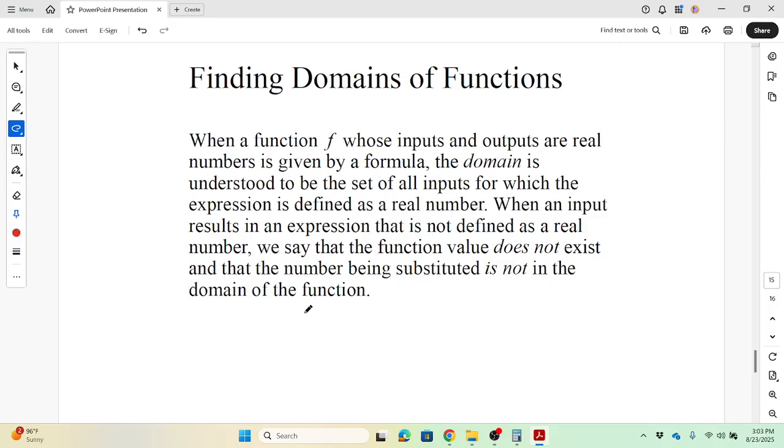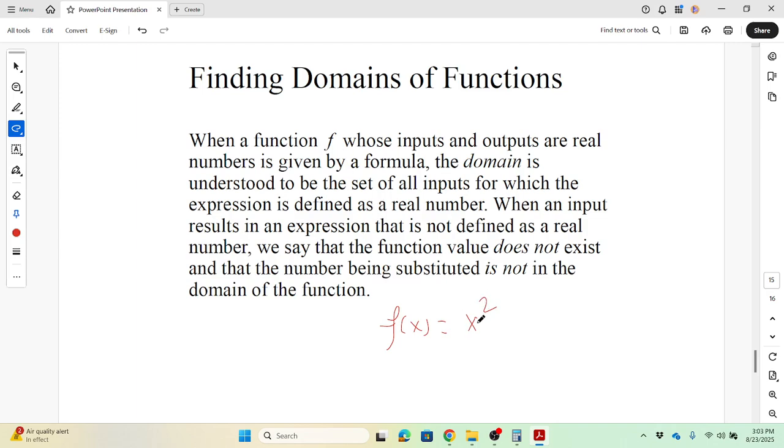Basically what it means is, if you have a function, for example here, f of x equal x square, domain means what x value I can pick so that I can calculate the value of this function.